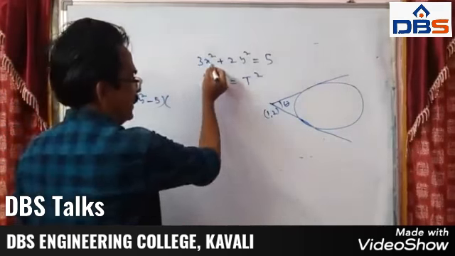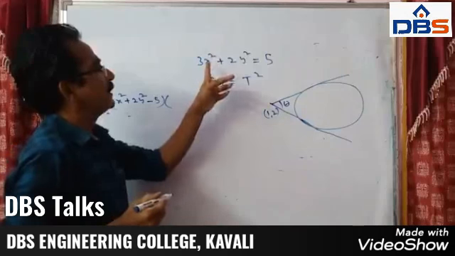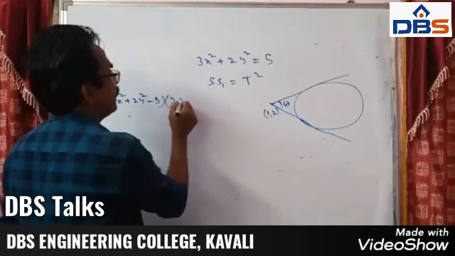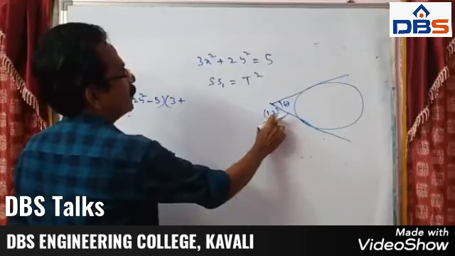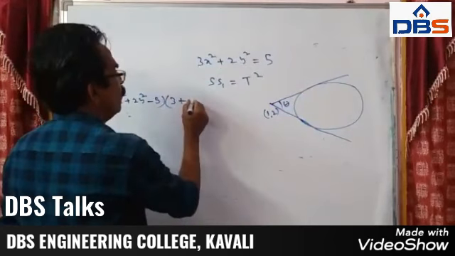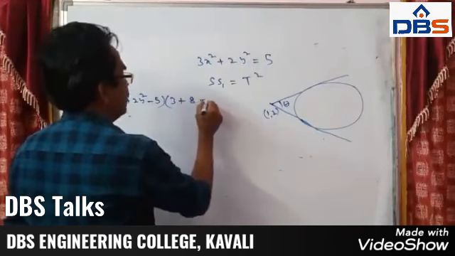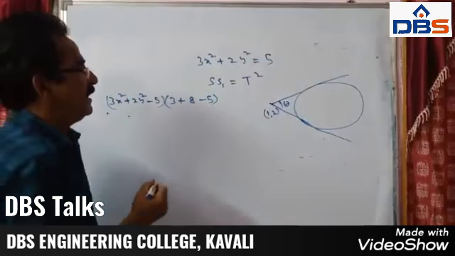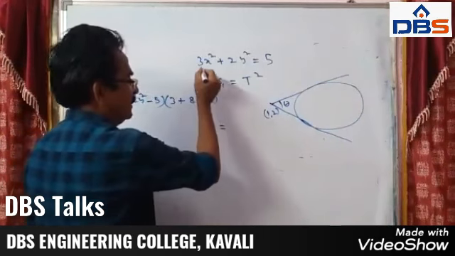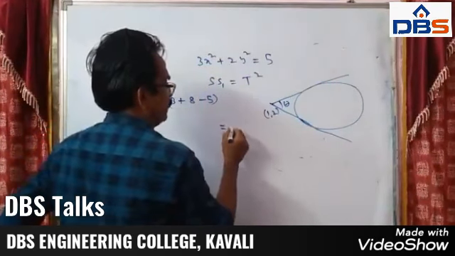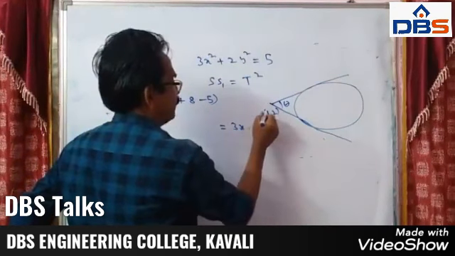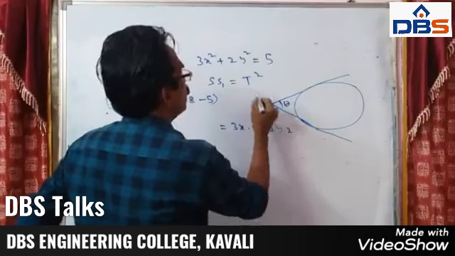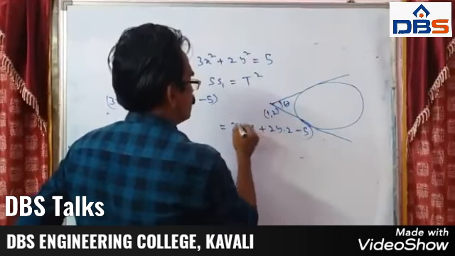S1 is obtained by substituting the point in this: 3 into 1 square is 3, plus 2 into 2 square, 4 into 2 is 8, minus 5. This is S1. S1 is equal to T square, where T is the tangent: 3x into x1, 1, plus 2y into y1, 2, minus 5, whole square.